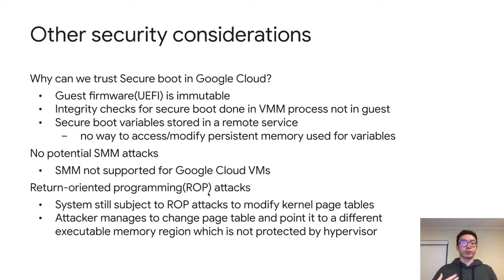For example, if people use a ROP attack to modify the kernel page table, it will still break the protection, because you can modify the page table translation and point the kernel code to a different memory location. And if that happens, that memory location is no longer protected by any EPT or NPT, so the hacker can do whatever they want there.